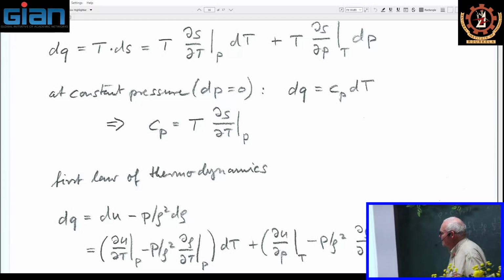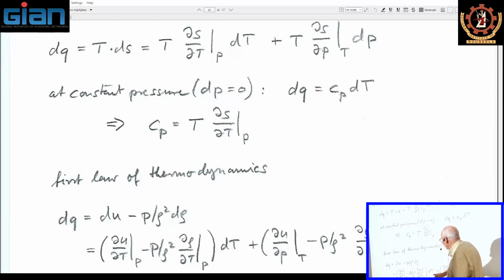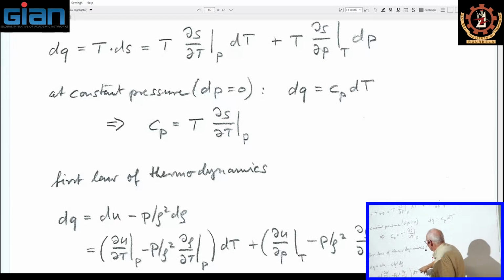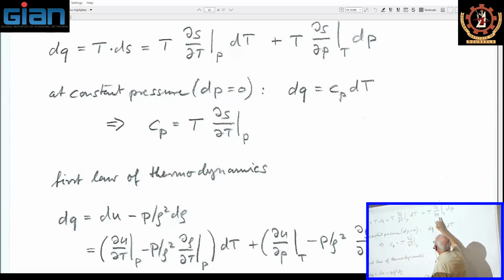So dq is either in terms of the entropy given by these two terms, or it's given by these two terms. Now we take the coefficient of dT, and therefore T times ds/dT has to be equal to that bracket, and T times ds/dp has to be equal to that bracket. You agree? Okay, let's write it down.